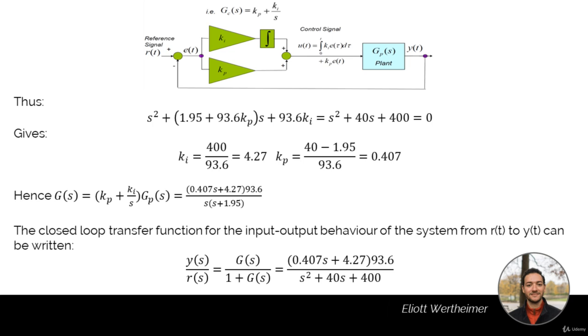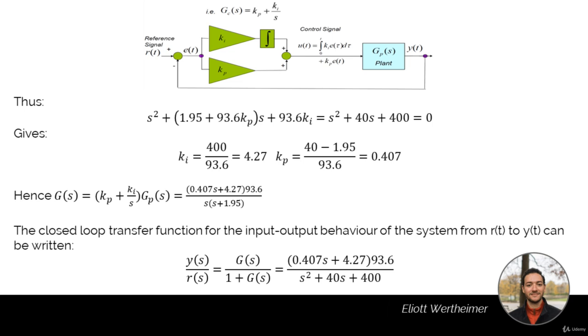Therefore, we can write our open loop transfer function to be equal to (0.407s plus 4.27) multiplied by 93.6 divided by s multiplied by (s plus 1.95).